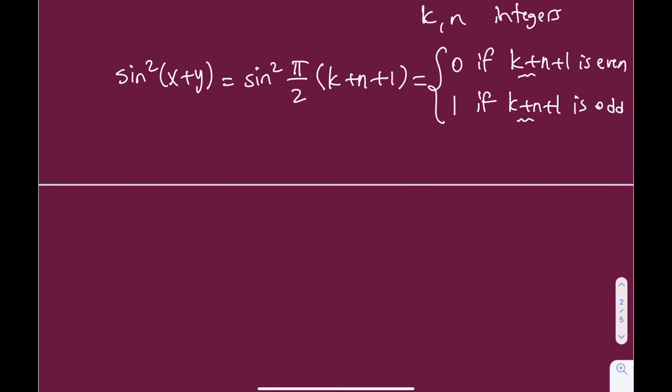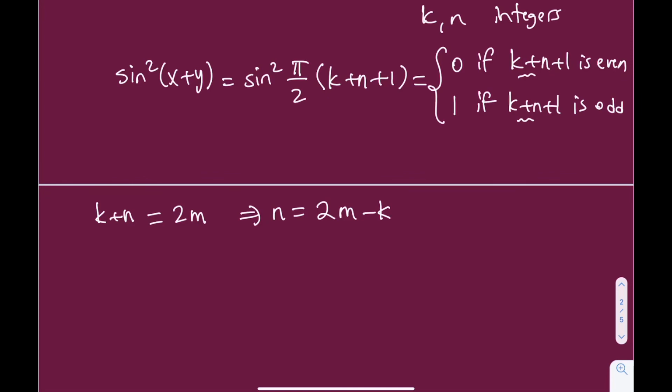First of all, if we assume that k plus n is even, that means k plus n can be set equal to something like 2m. From here, if we solve for n, we're going to get 2m minus k. M, n, and k are all integers here.